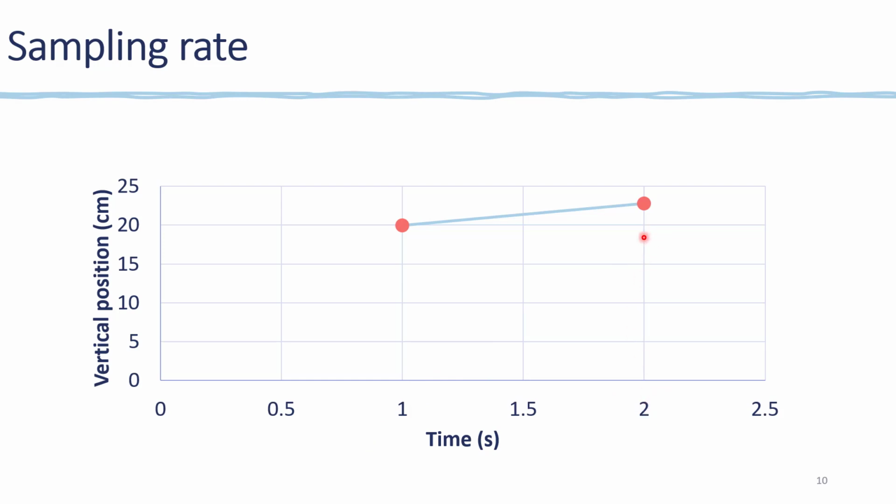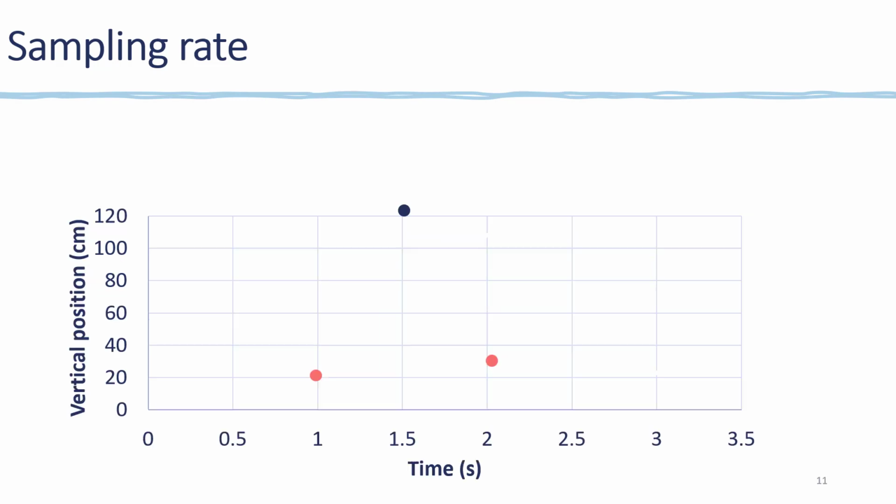We have 2 frames in 1 second of time, or 2 frames per second. Now, if you're trying to think of what that might mean in terms of position and how someone moved throughout that second, you'd be tempted to just draw this straight line going from point A to point B because you don't have any other information about the position.